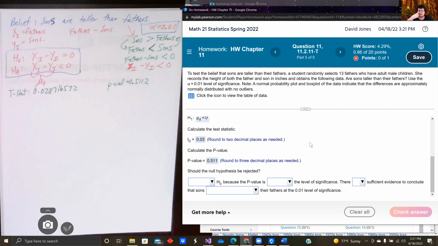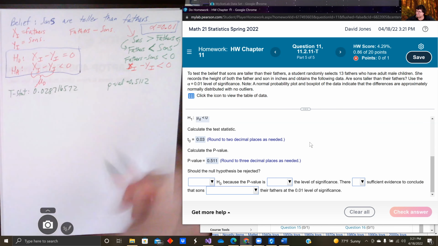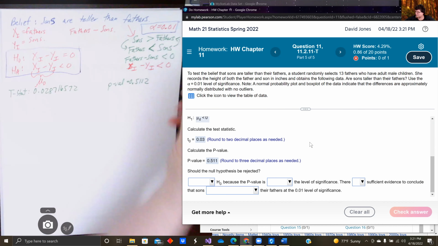And now, should the null hypothesis be rejected? Let's take a look at that. Let's think it through. I've got my p-value right here. My alpha was 0.01. What symbol goes in the middle? Is it greater than or less than?